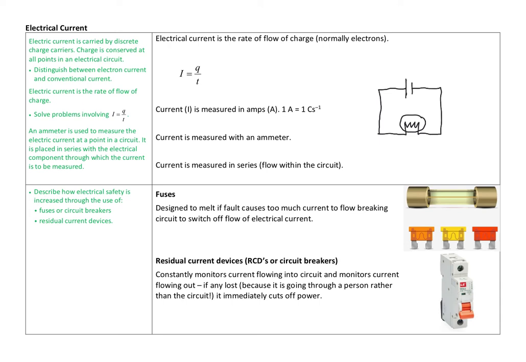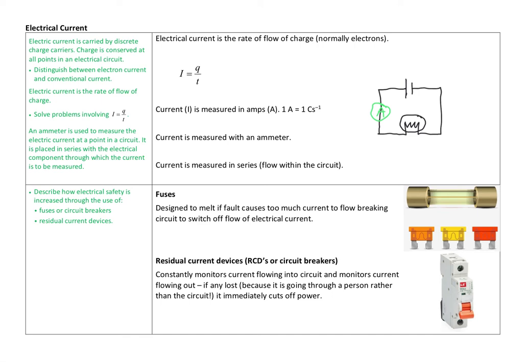If we want to measure the current, we don't measure it across somewhere in the circuit. We basically hook up the ammeter somewhere in the circuit like that, and that will tell us how much current is flowing through the circuit.